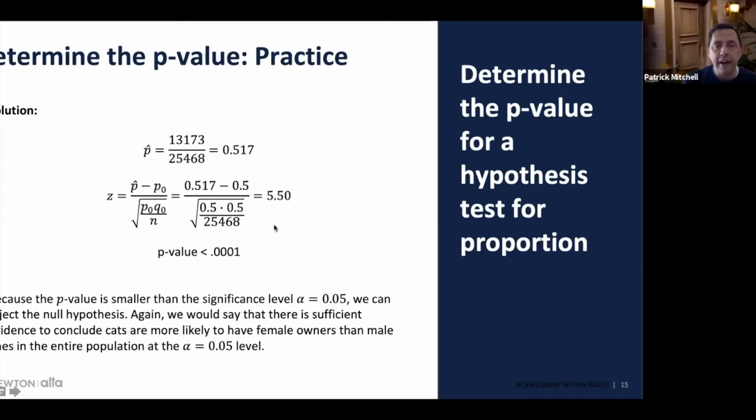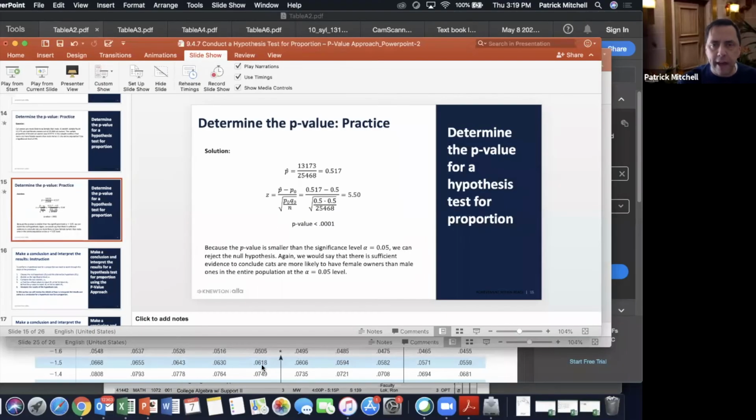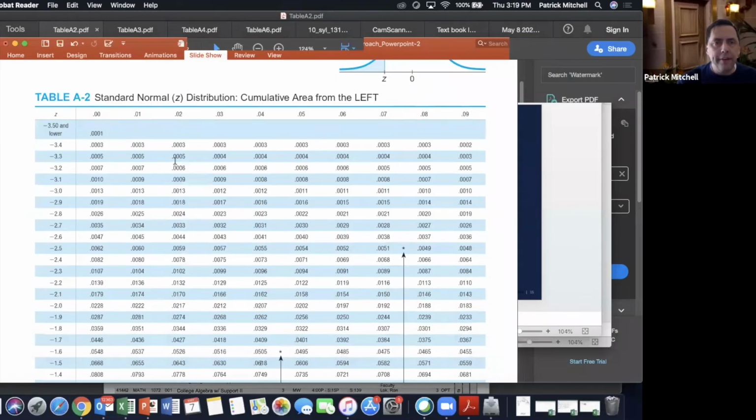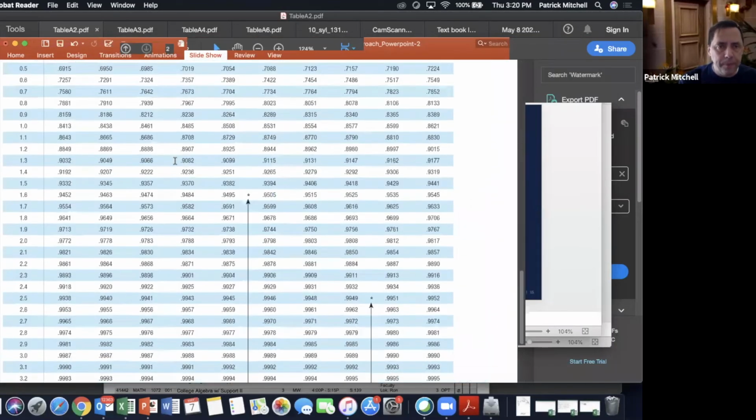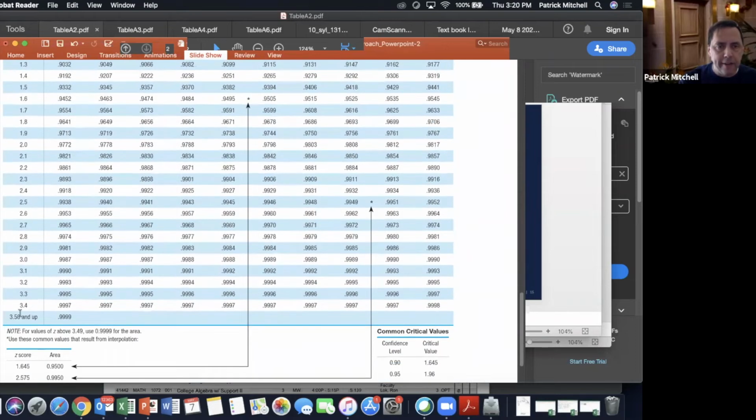So this p-value would be the area to the right of z equals 5.50. So let's take a look at table A2 here for a second. If I went to look for 5.50 on the positive side of the table, I'm not going to find it because they only list z-scores up to 3.5.